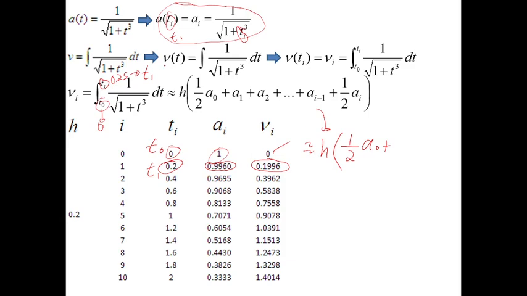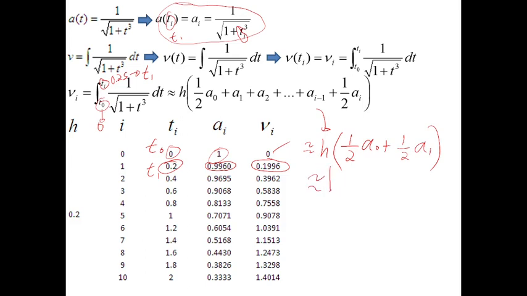What is now n? N now is 1 here, right? So if I is 1, that is 1 half a sub 1, until we reach 1 half a sub 1.